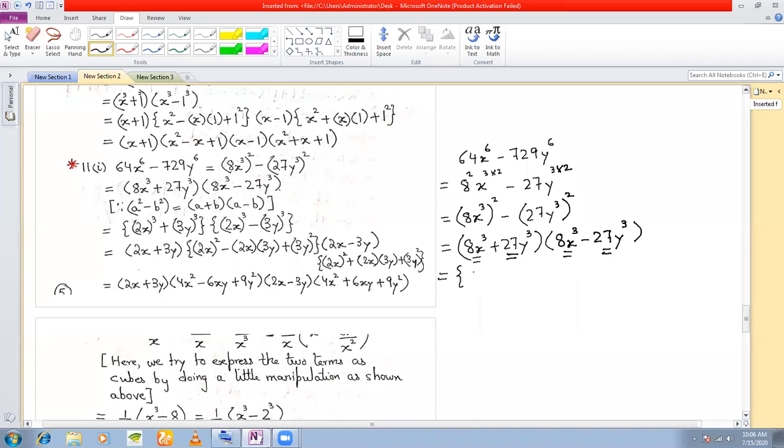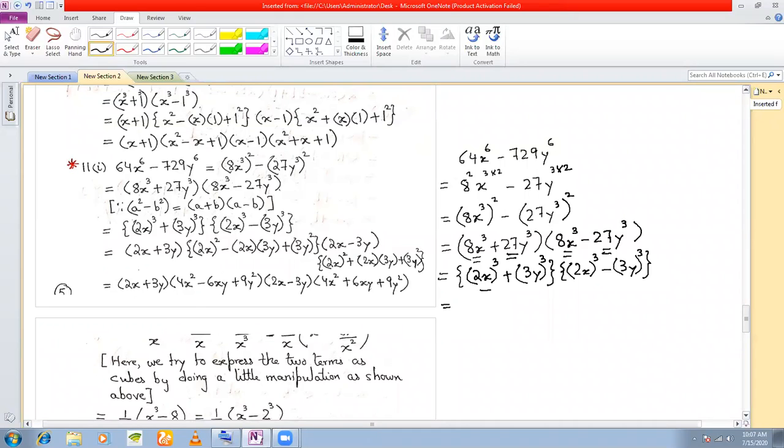Okay, so I write 8x cube as 2x whole cube, and I write 27y cube as 3y whole cube, and this as 2x whole cube minus 3y whole cube.